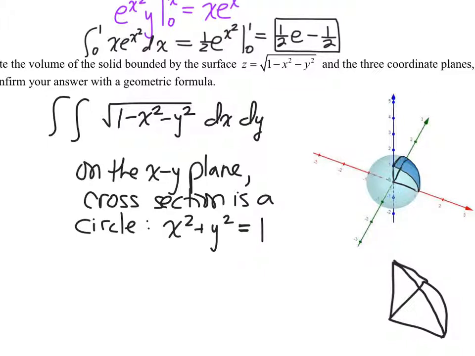It's going out 1 unit in the y direction, and it's a sphere, so it's also going out 1 unit in the z direction and 1 unit in the x direction. So it has a radius of 1, centered around the origin. Decompose it down into the xy plane, and you have x squared plus y squared equals 1 without doing any algebra. If that's the case, then I could solve this for x.